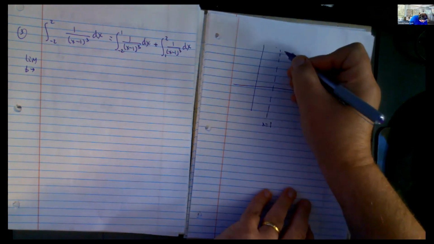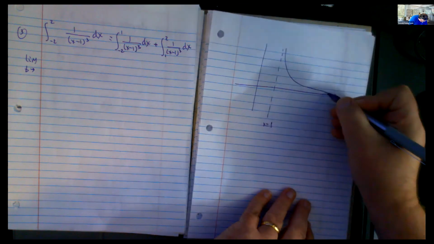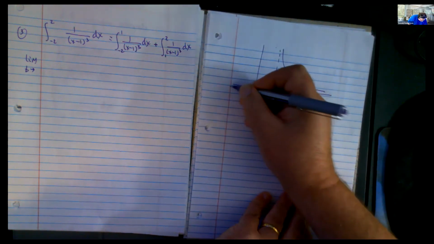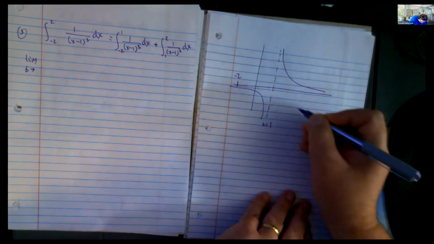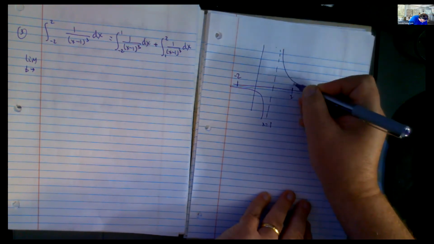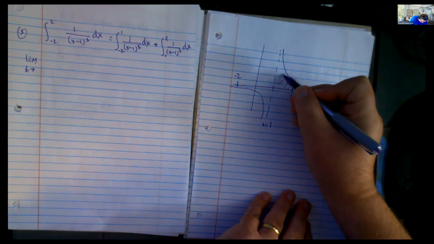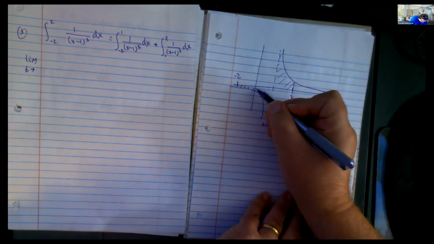And I believe it's positive on this side and it's negative on this side. We are going to be doing it from -2 to 2. So you can imagine we're getting this bit and we're going to get that bit. Would you agree there is at least a possibility that the answer may be infinity?